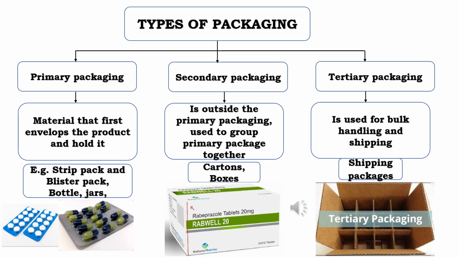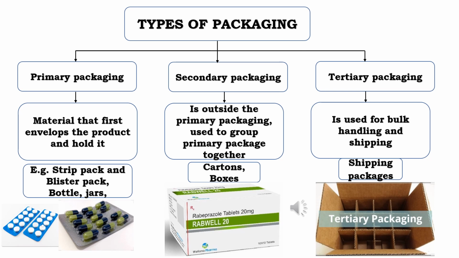Then during warehousing it gives additional protection, and these secondary packages contain information about the drug product in the form of leaflets. So the examples of secondary packages are cartons, cardboard boxes, wrappers.